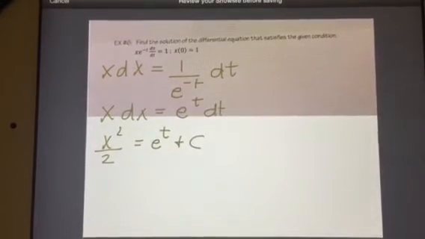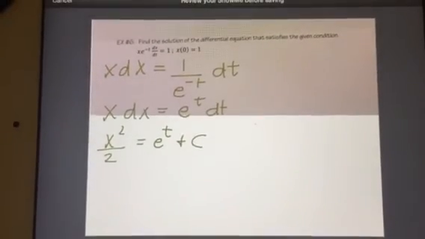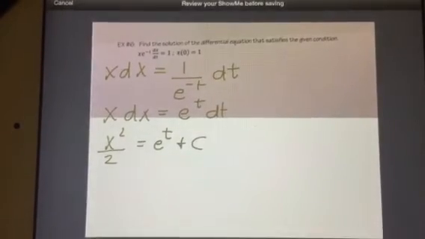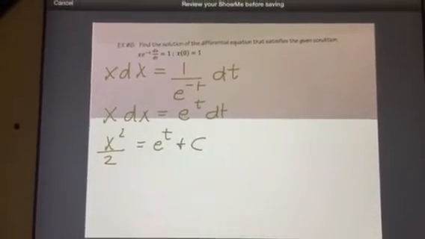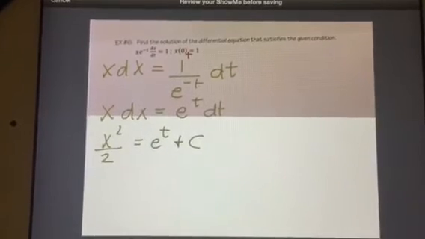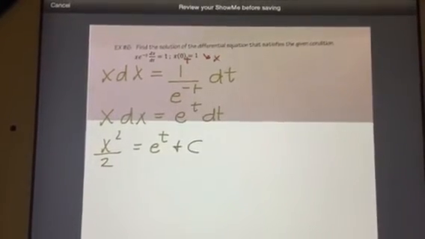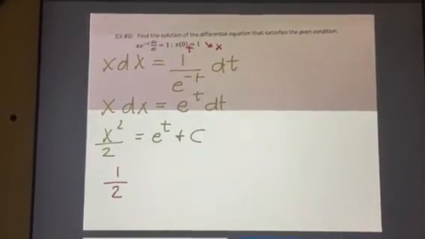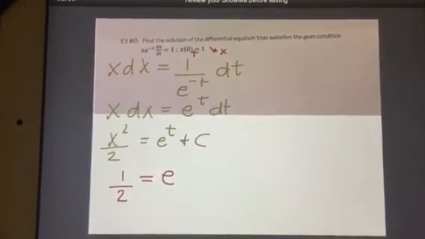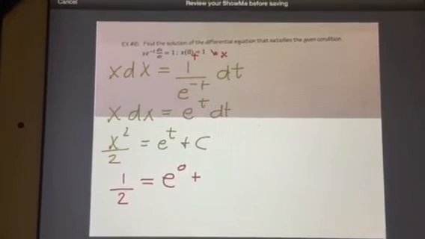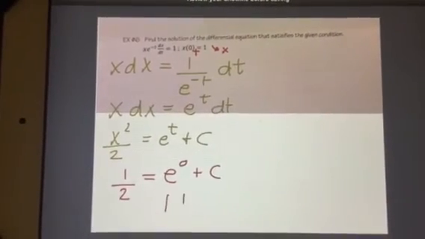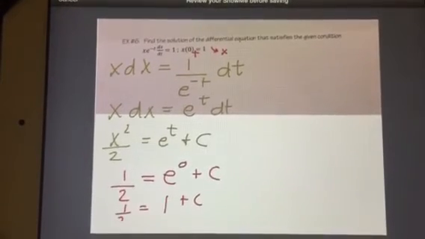Our next step is to substitute in x and t into our equation. So we'll have, in this case, this one's t and this one's x. So we'll have 1 over 2 equal to e to the 0 plus c. And anything to the 0 power is 1, so 1 plus c is equal to half.